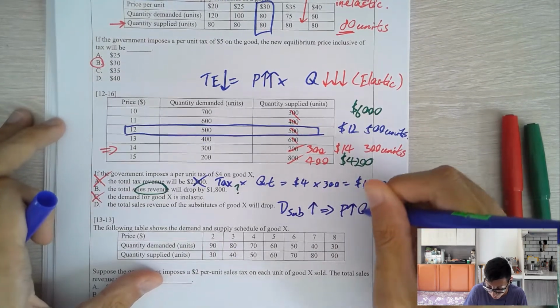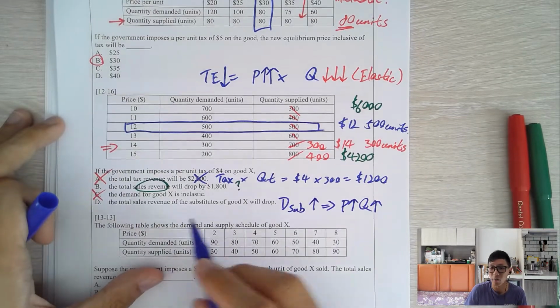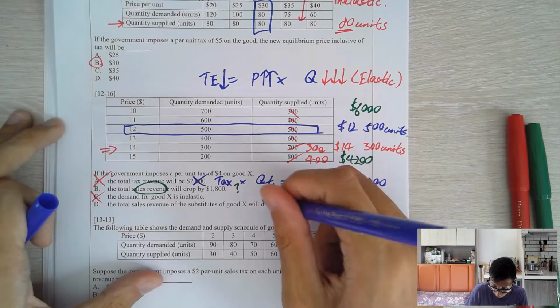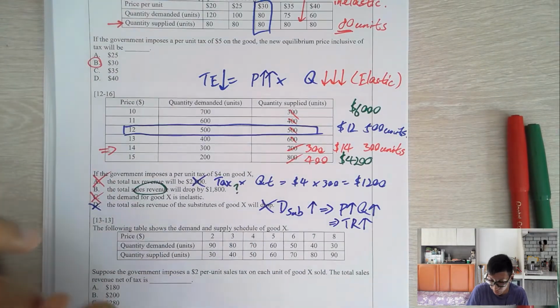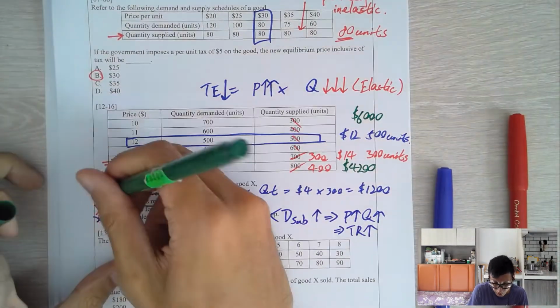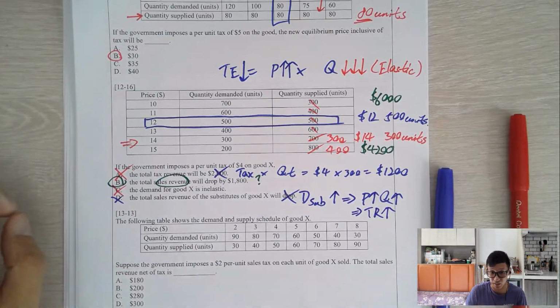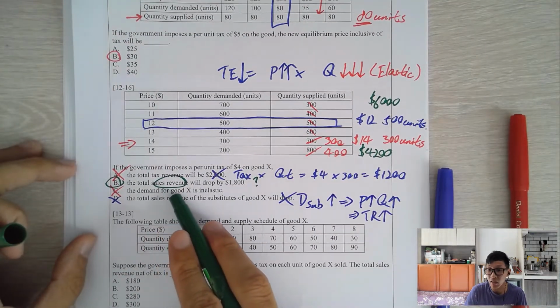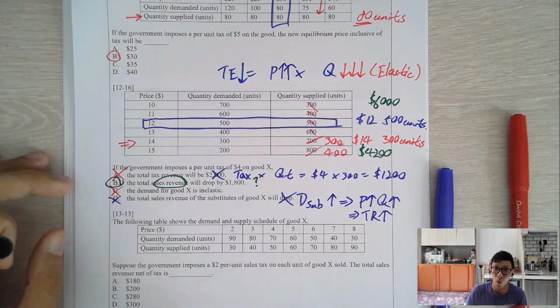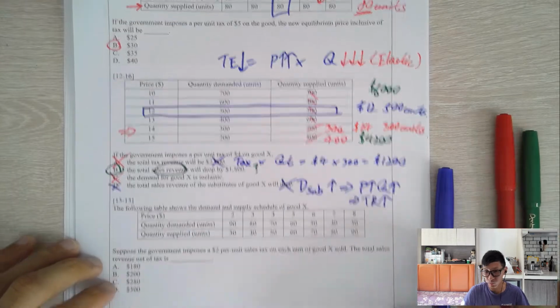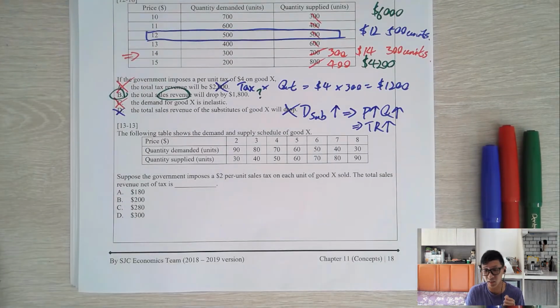P increases, Q increases, no need to ask, revenue must increase. So this is also not correct. In fact, the answer is B. But again, I think this is a very poor wording. It should have specified whether it is before tax or after tax. Now one last question and then we are done with this basic video.